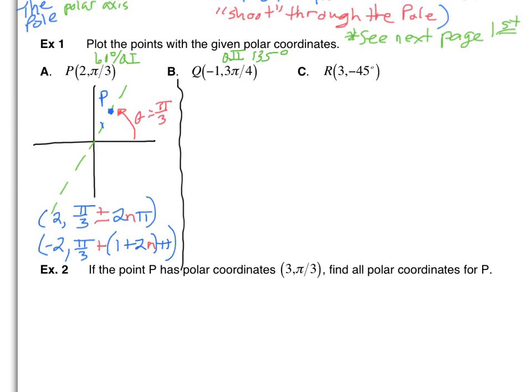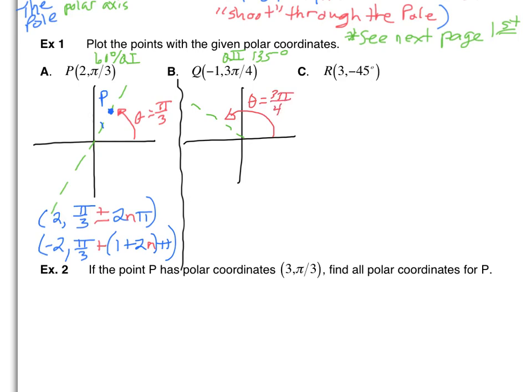But you need to know what quadrant you end up in, because here are my polar axes. If theta is 135 degrees, here's my initial side. I'm going to go from here to 135 degrees, which puts me in quadrant 2. So this is the front half of my line right here. So from here to here represents theta of that 3 pi over 4.